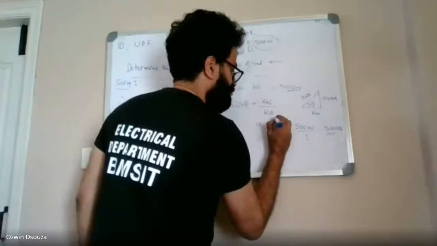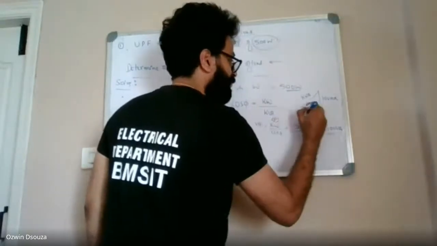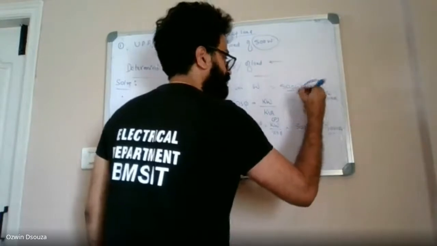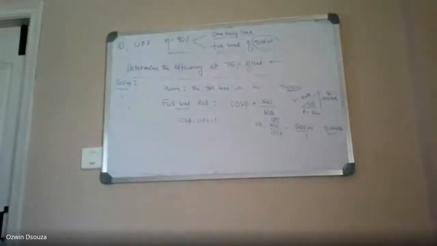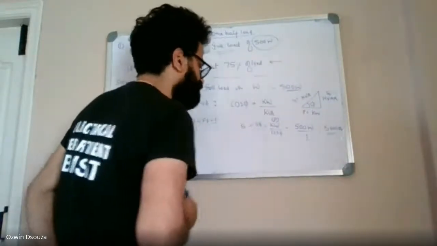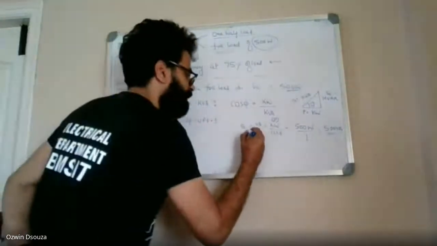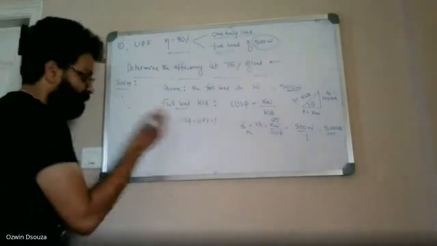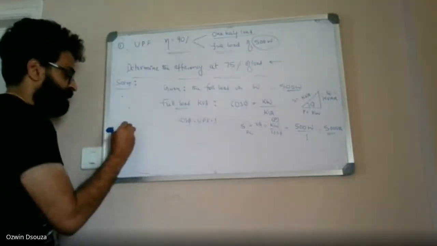So this is basically P, this is Q, and this is S. So this is how you can find out the VA rating, which is S, or you can say S_FL. Once you know S_FL, you can apply the efficiency relation.